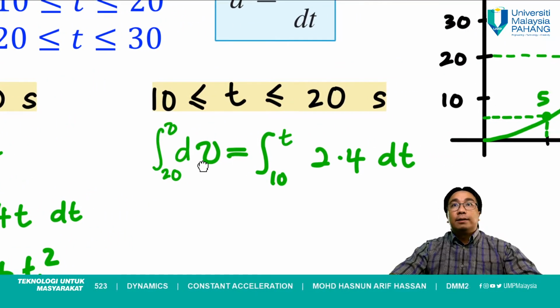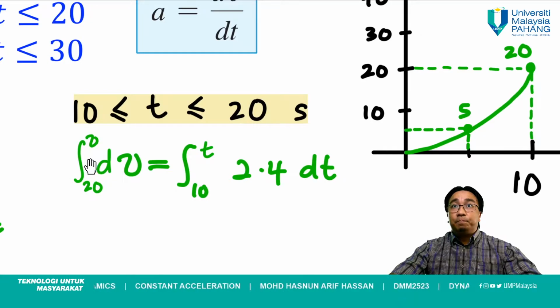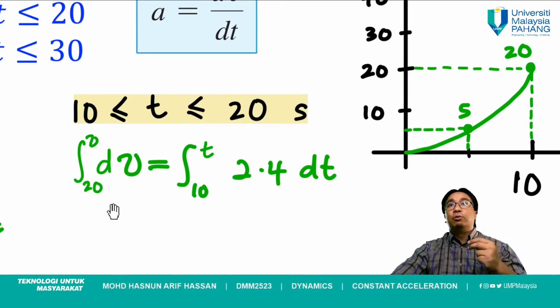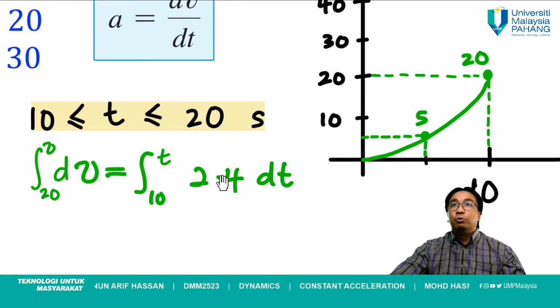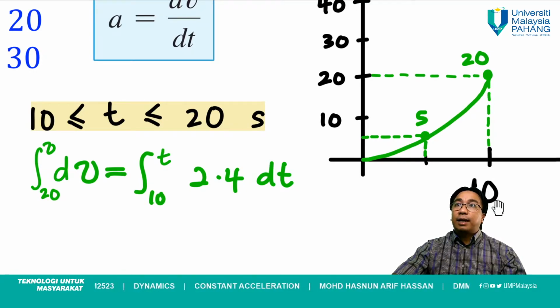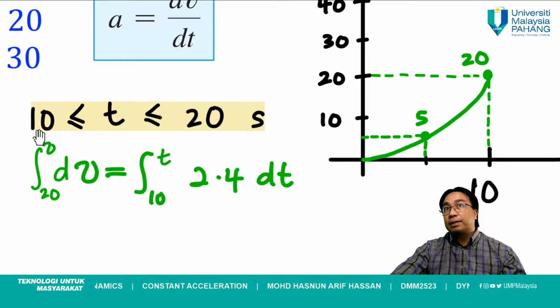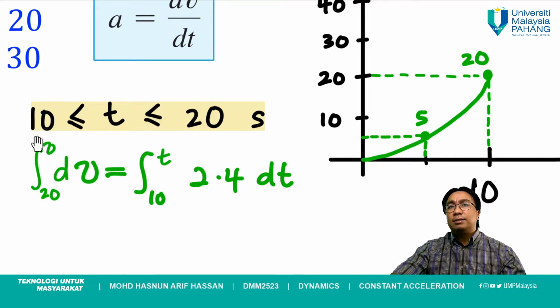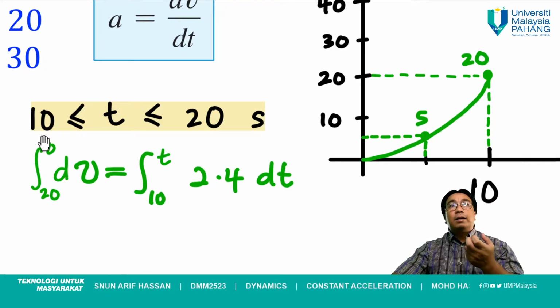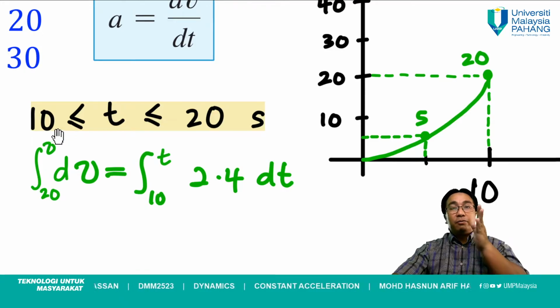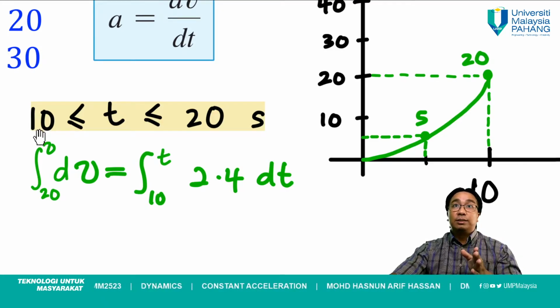Okay, here if you look, dv starts from 20. The lower limit is 20. Where does this 20 come from? This 20 comes from here. See? We already calculated at time t equals 10. Now our phase is from 10 until 20. So we need to know the velocity at the lower limit of this phase, which is 10 seconds.